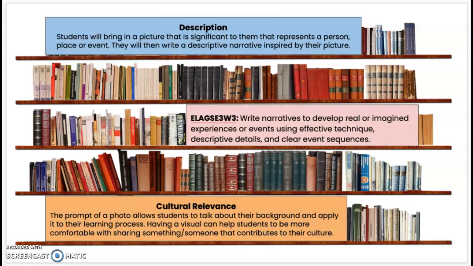I think that students can be a little uncomfortable at first talking about their background, but having a visual as a jumping point and a talking point can help students to be a little bit more comfortable with sharing something or someone that contributes to their culture and contributes to what has shaped them as a person.